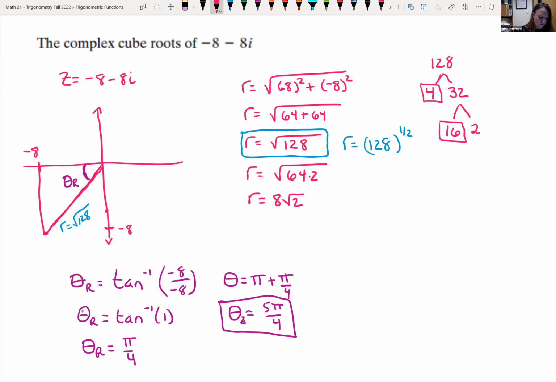So in polar form, my z value is equal to r, which we said was the square root of 128, all times cosine of theta, which is 5 pi fourths, plus I sine of 5 pi fourths.